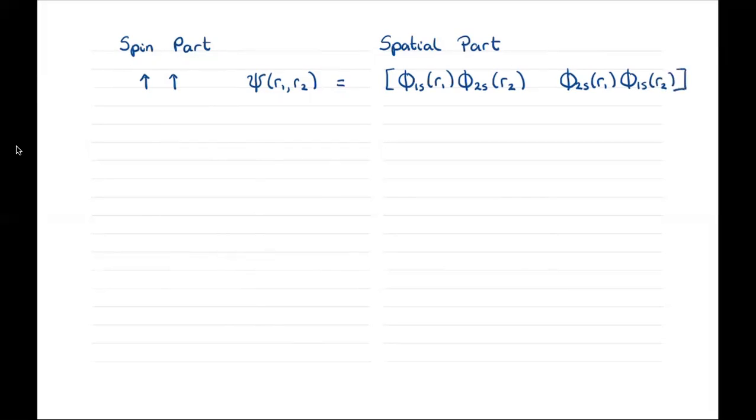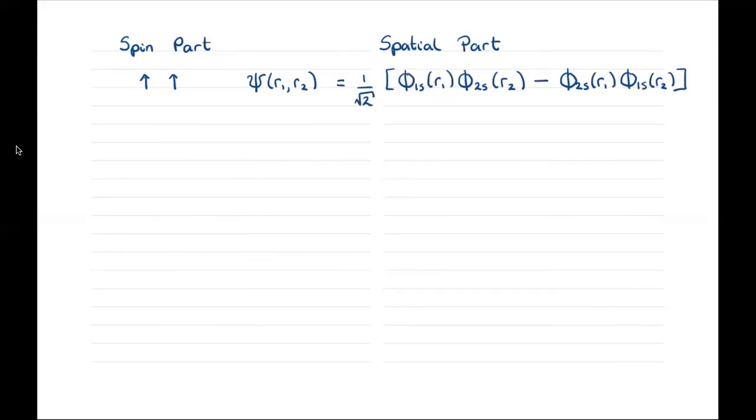And if we want our wave function to be antisymmetric, we have to have a minus sign here, such that if I exchange electron 1 with electron 2, my wave function as a whole changes sign. I would then end up with plus electron 1 in the 2s, electron 2 in the 1s, minus electron 1 in the 1s, electron 2 in the 2s. And just to be neat and keep the normalization, we'll put in a 1 over root 2 here.